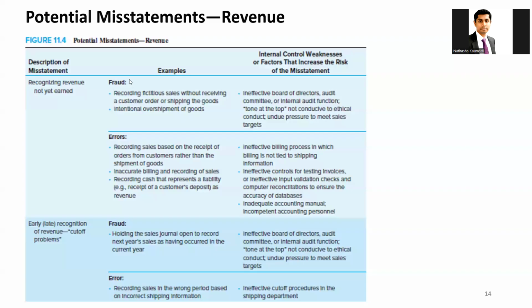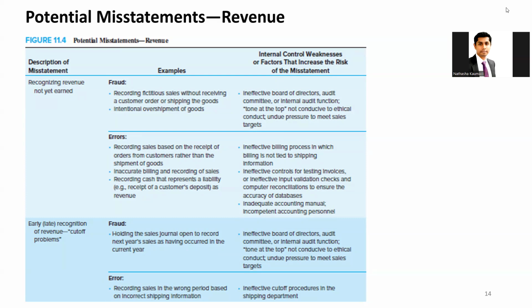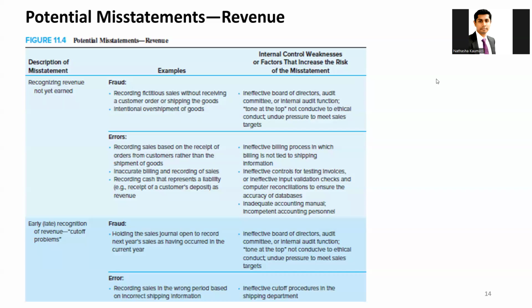Some are frauds, that means intentional. Some are errors, which are unintentional, because of negligence and human errors. So both intentional and unintentional examples are there. And then the third column says internal control weakness, that means factors that increase the risk of the misstatement. What are the internal control weaknesses that are leading to these misstatements? You try to understand both, right?